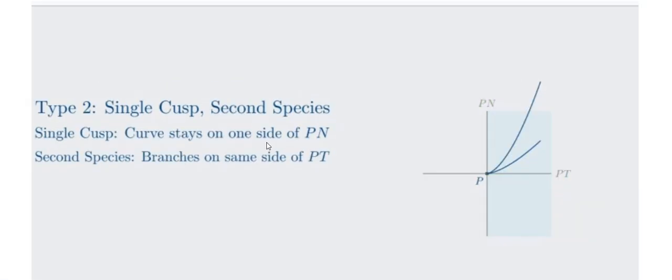The second one is the single cusp of the second species, which means the curve stays on one side of the normal and one side of the tangent. See here, this point also we cannot say is differentiable, because we have 2 points here, but the curve comes like this and goes like this.